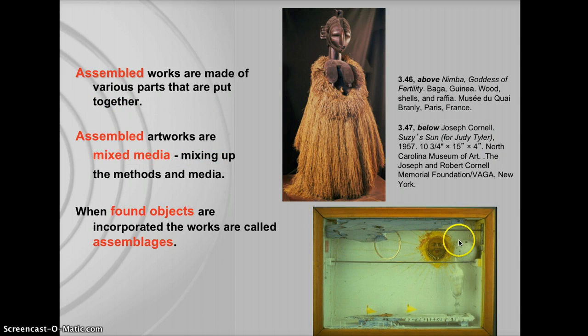Assemblages. Joseph Cornell was really well known for collecting found objects and creating assemblages, and he inspired a lot of artists, one of them being Robert Rauschenberg and Rauschenberg's Combines. Up here we see a piece, Nimba, Goddess of Fertility, that was probably used for ritual purposes, and includes shells, raffia, and wood.